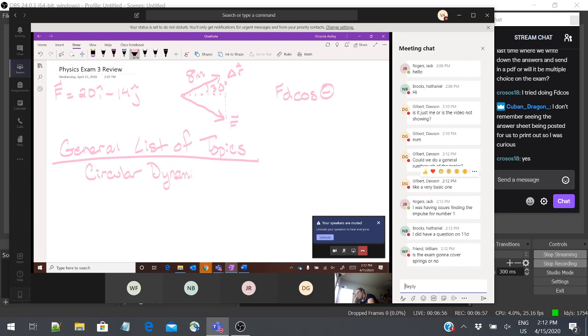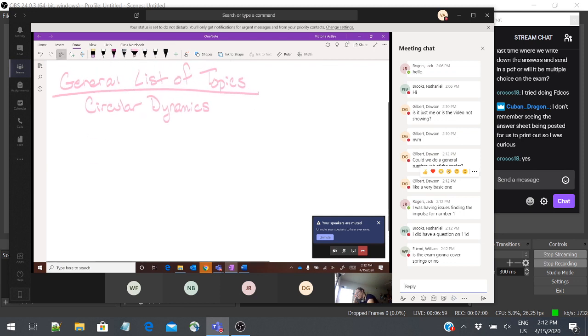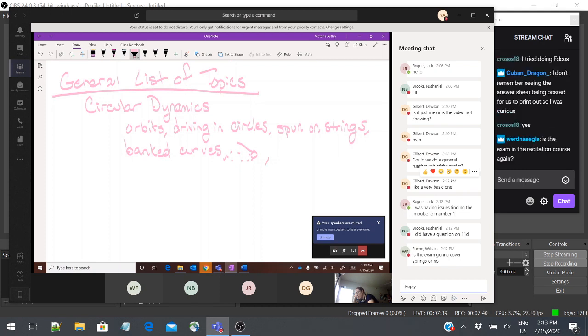So this is things like orbits, cars driving in circles, things being spun on strings, things that are at an angle, like banked curves, strings hanging down at some angle as it spins around in a horizontal circle.